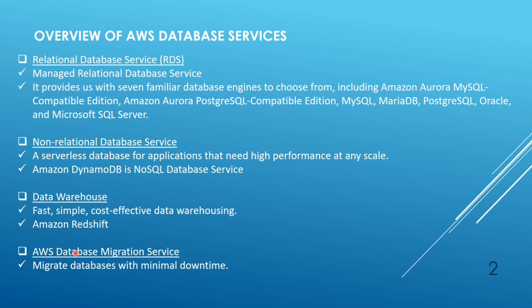Then there is the AWS Database Migration Service. This is to migrate our databases with minimal downtime. For example, say we have some databases on premises, and we want to migrate them to a database in the AWS cloud. We can use this service, and it can be either heterogeneous or homogeneous.